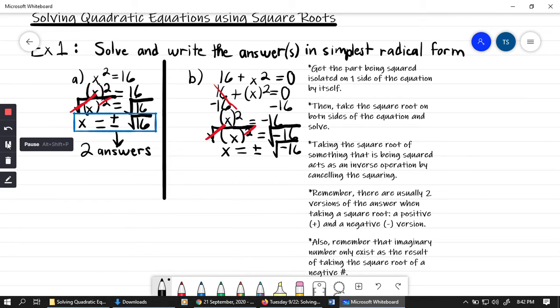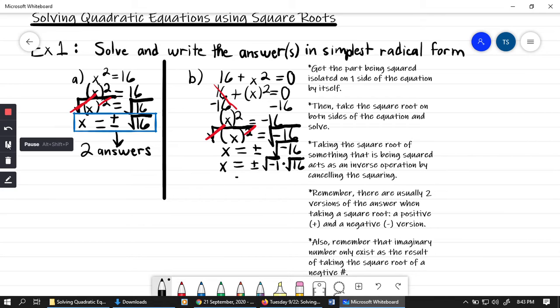Remember that during part 1 of this video, we talked about the basic imaginary unit, and that the square root of -1 is that basic imaginary unit. So we're breaking down the square root of -16 into two different radicals: the square root of -1 times the square root of 16.